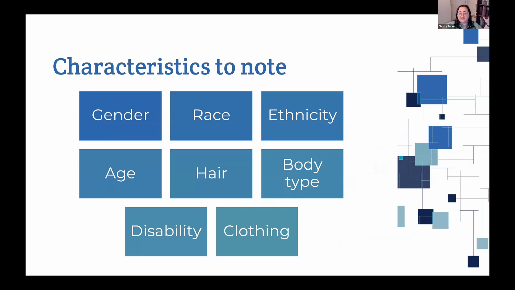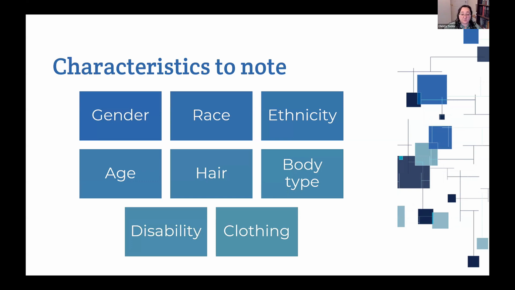There's a bunch of different aspects of inclusive representation. It is not just about gender and race. It can be ethnicity, it can be nationality. There was a little discussion in chat about age in stock photos. Hair? Do we have women with natural hair types?